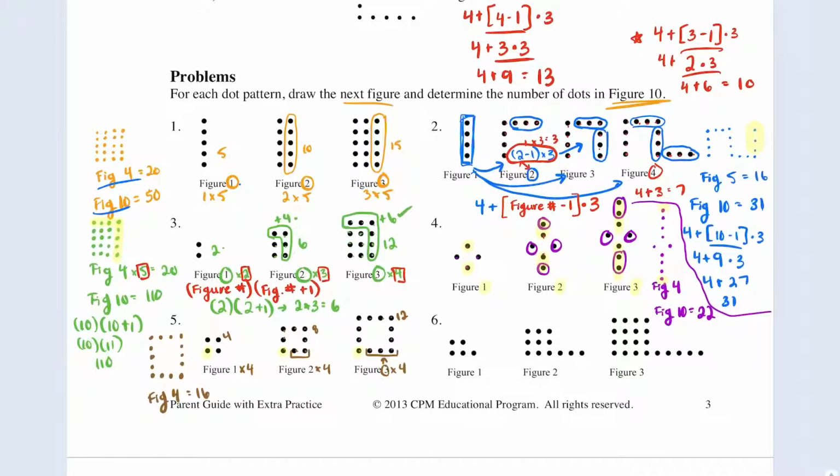And let's double check. 1, 2, 3, 4, 5, 6, 7, 8, 9, 10, 11, 12, 13, 14. Hold on. Let me count that again. 1, 2, 3, 4, 5, 6, 7, 8, 9, 10, 11, 12, 13, 14. So I'm not quite there just yet.